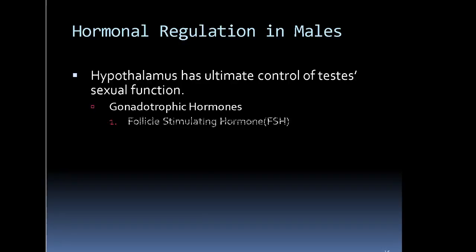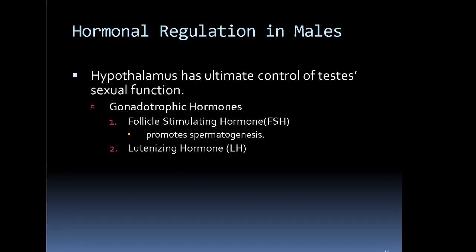The gonadotropic hormones are the follicle stimulating hormone, or FSH, and the luteinizing hormone, or LH. The follicle stimulating hormone helps this process get started and promotes spermatogenesis. The luteinizing hormone helps control the production of testosterone by those interstitial cells.